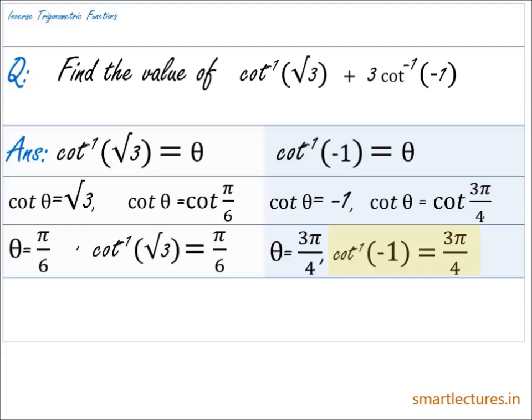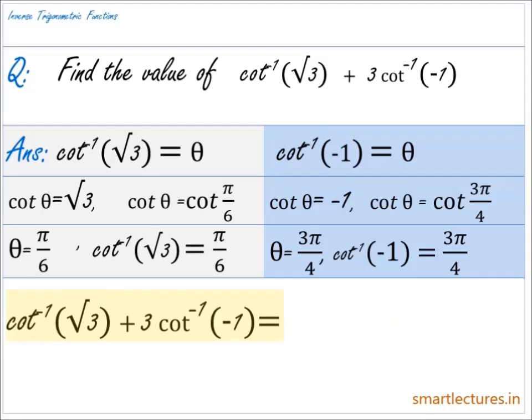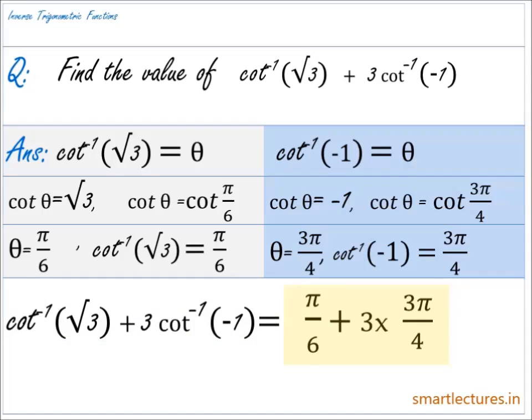So that means our second term is 3 into 3 pi upon 4. And now let's find out the sum of both terms. So we have cot inverse under root 3 plus 3 cot inverse minus 1 is equal to pi upon 6 plus 3 into 3 pi upon 4, or we can write pi upon 6 plus 9 pi upon 4.